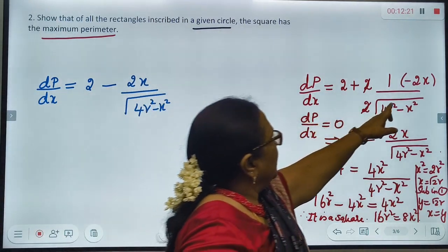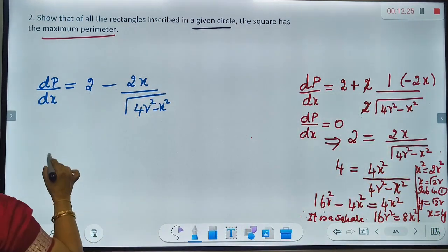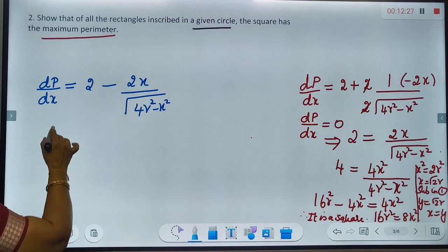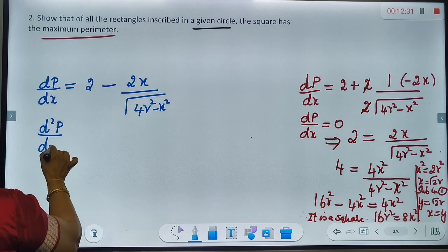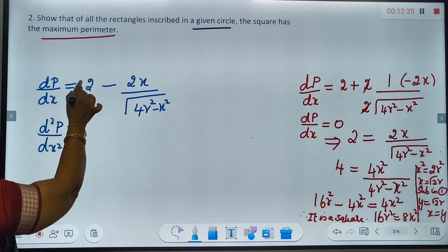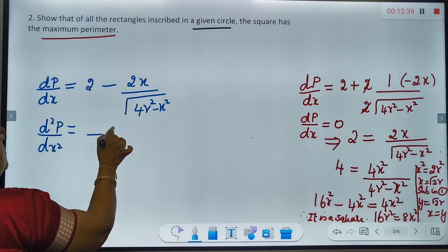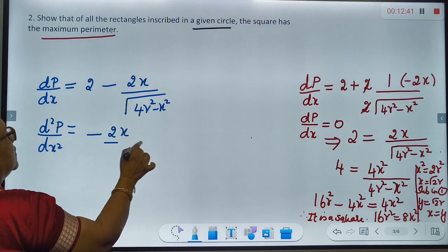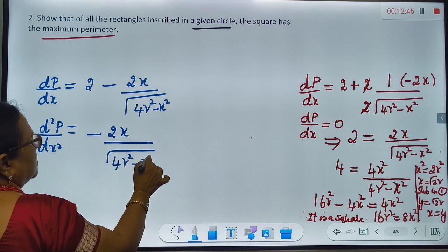Now please remember, if d square P by dx square is negative, then it's a point of local maximum. So derivative of this 2 is 0. So I get minus 2x by root of 4r square minus x square.